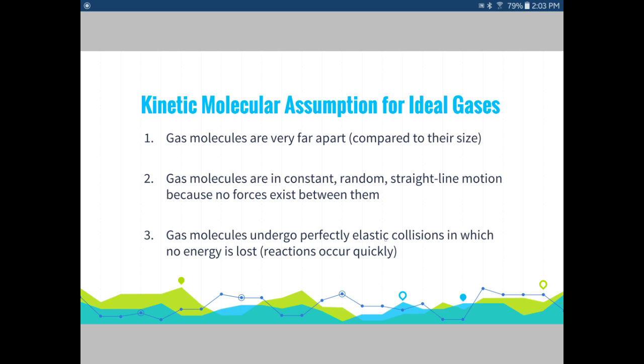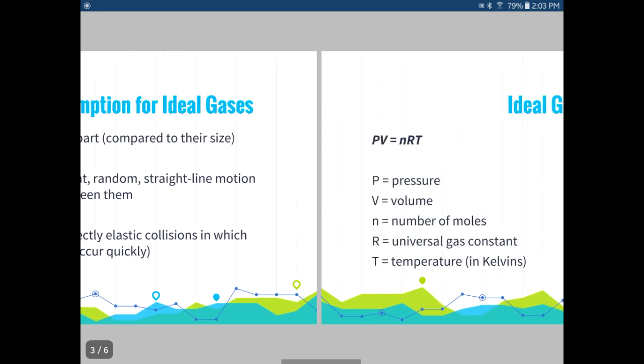So it's not perfectly elastic collisions. They kind of morph shape a little bit, and the reactions are a little bit slower than an ideal gas, as well as the pressure becoming a little bit less. However, in order to do any sort of calculations for gases, we need to have these assumptions to follow.